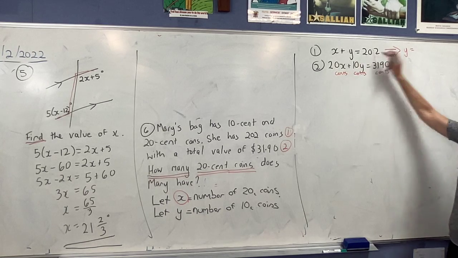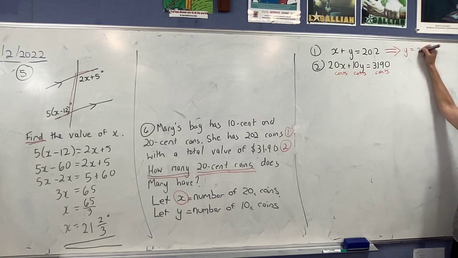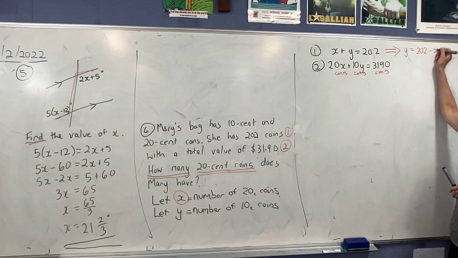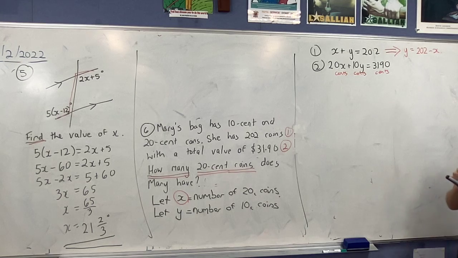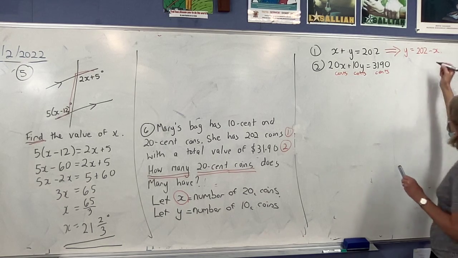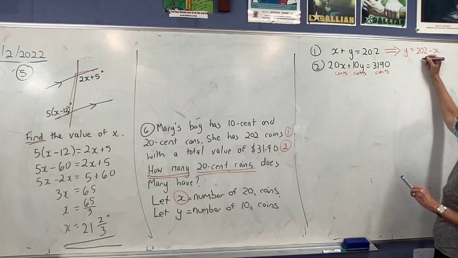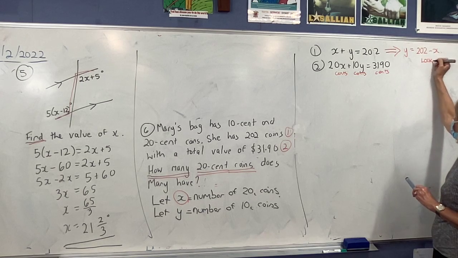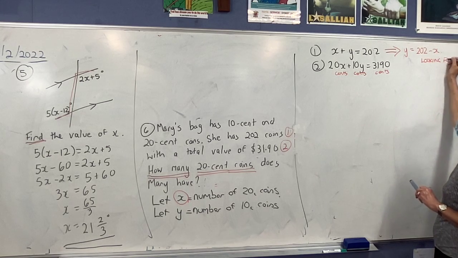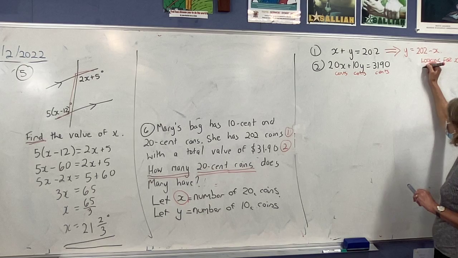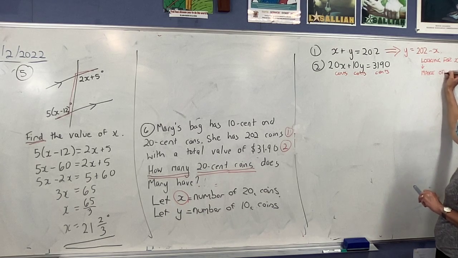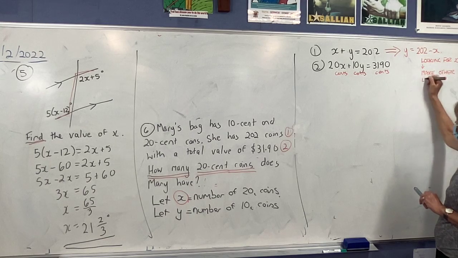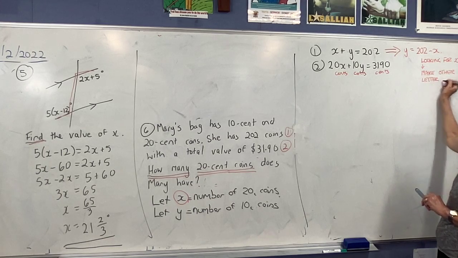Rearrange this equation. y equals 202 minus x. Perfect. Everyone okay with that? That's the one we're going to use in a minute. I'll just write a little note under here. Looking for x, make the other letter the subject. And you'll see what happens in a minute.